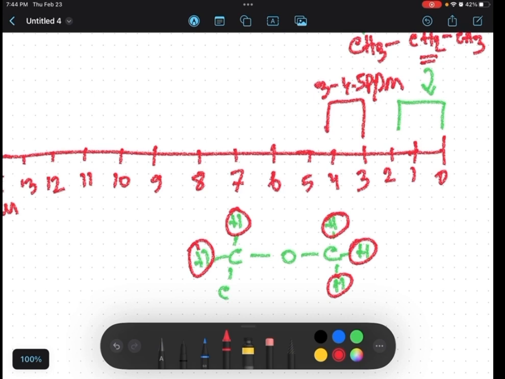Not only oxygen, but next to nitrogen or chlorine, those are also around 3 to 4 or 3 to 5 ppm.